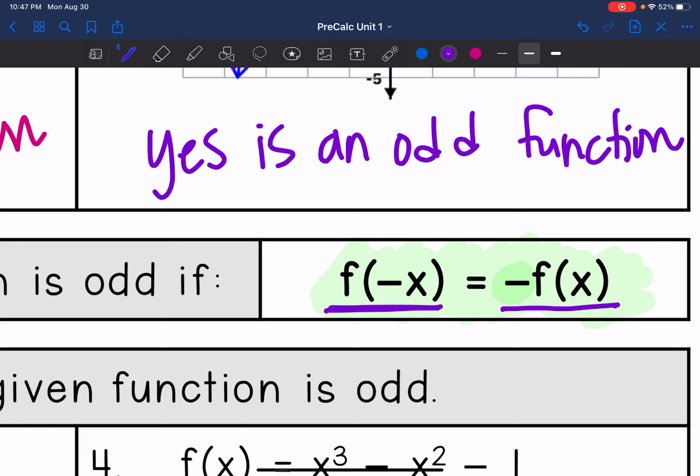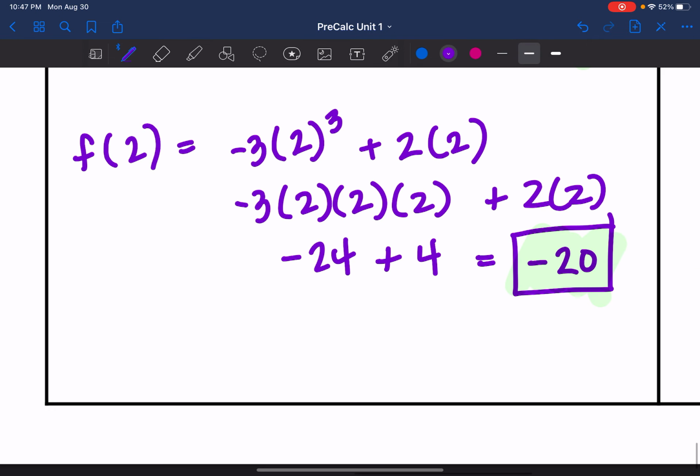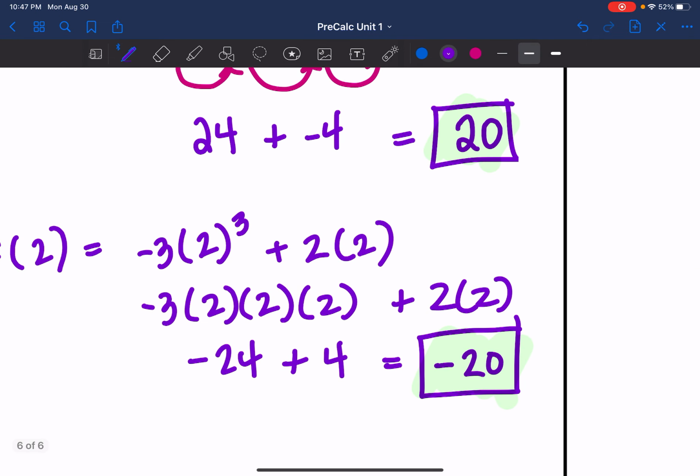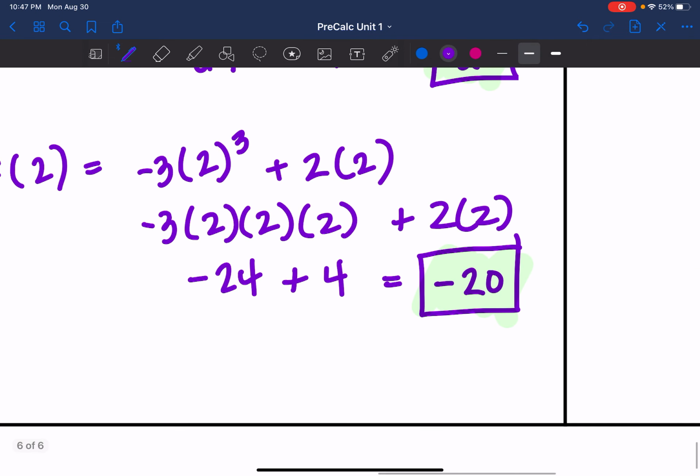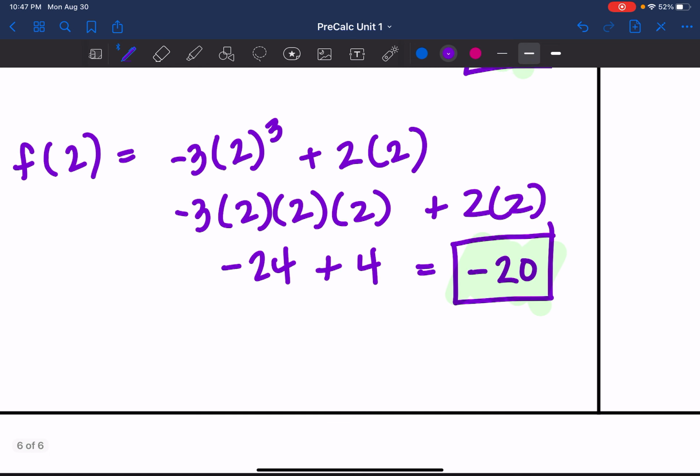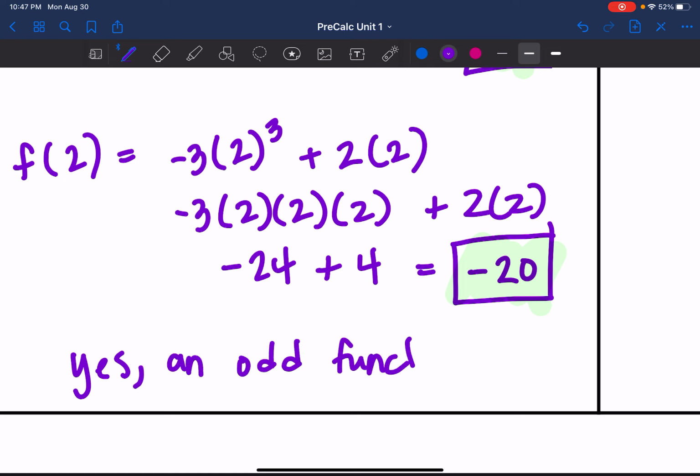So that means if I plug in the negative number and I get a certain number, when I plug in the positive value, I'm going to get that same number with a negative sign. Isn't that exactly what happened here? So positive 20, negative 20. So this is an odd function.